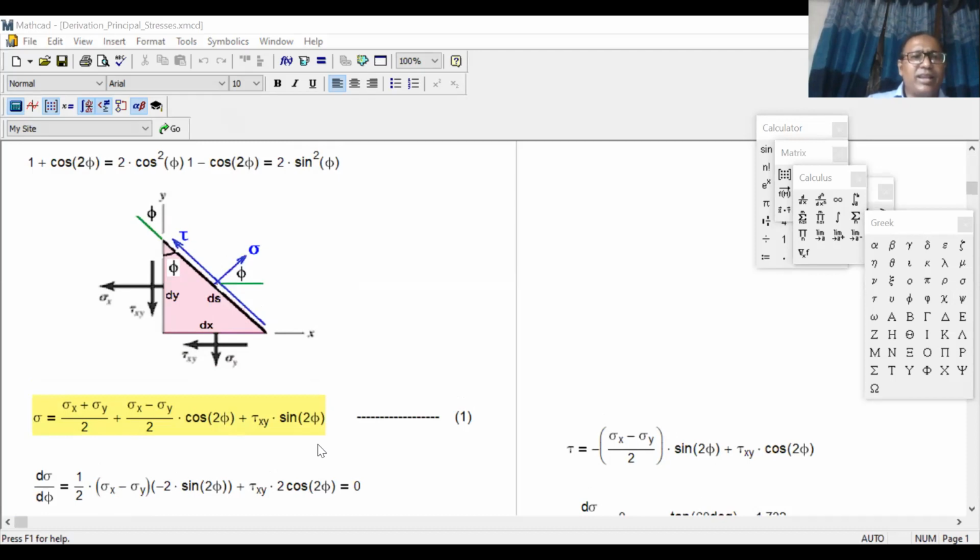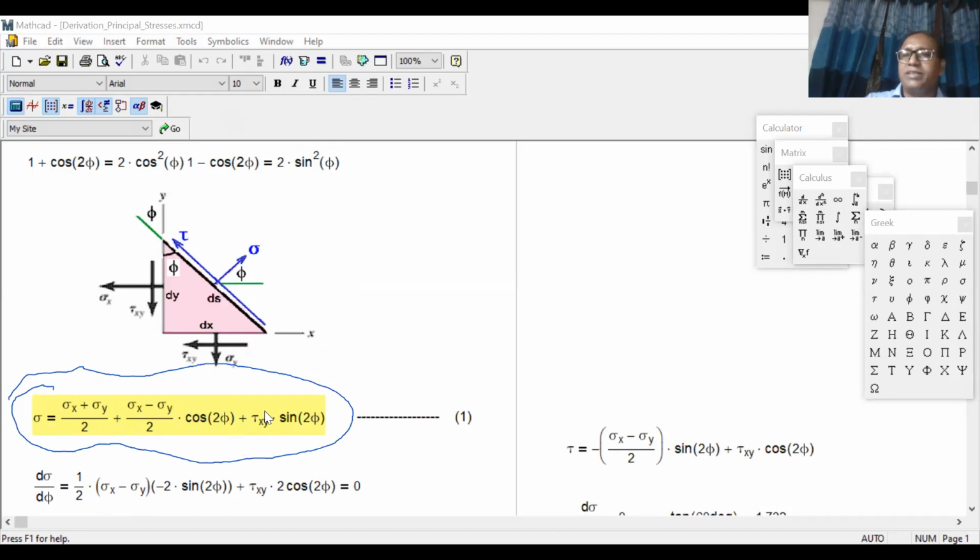And right over here, this is our mother equation of sigma. We need to figure out for which phi this sigma will be maximum, because you cannot change sigma x, sigma y, tau x, as you already applied them externally. So inside remain tau and phi.